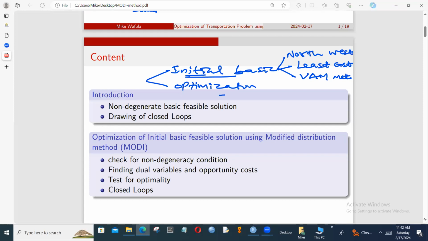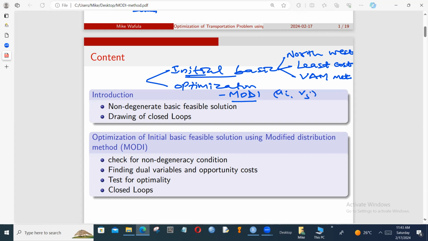But today we are looking at one common one that we call the modified distribution method, simply abbreviated as MODI in several literatures. You'll find it written as the MODI method, or you'd see some books calling it the UIVJ method.